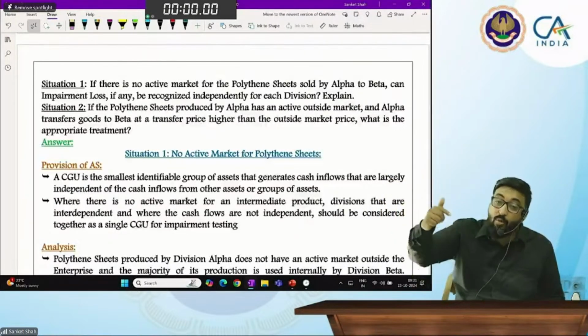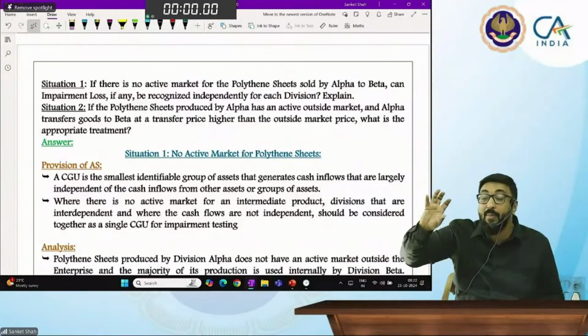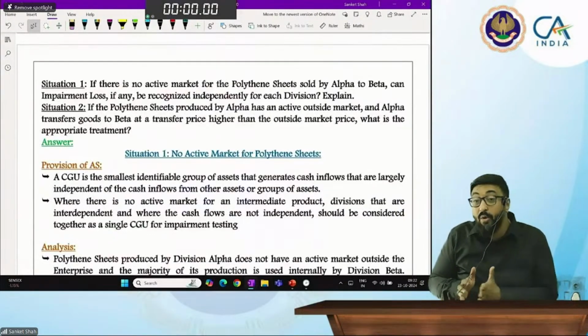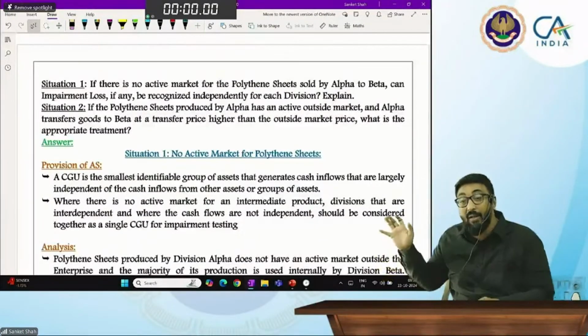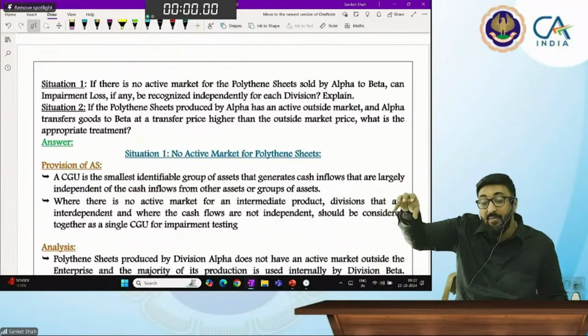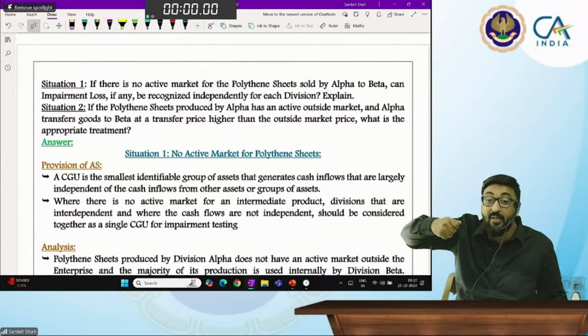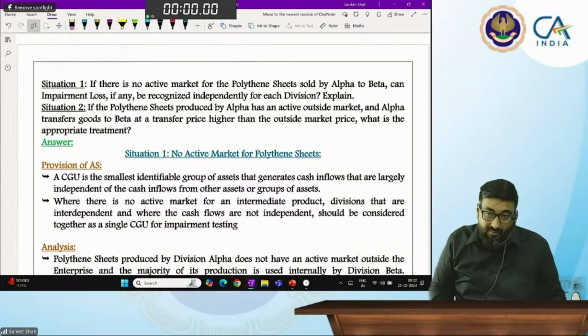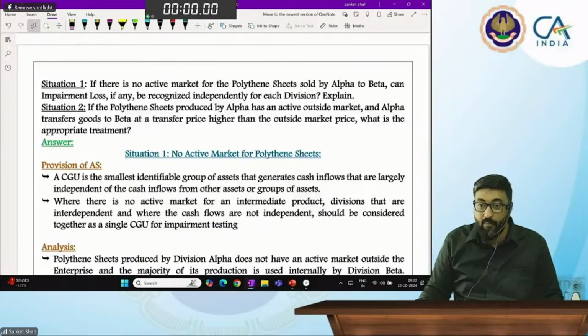I am giving it to my department which manufactures these pens. So that ink, though it has an active market, I am not selling it to outsiders. I am manufacturing it and using it for the production of pens. Active market means you can sell directly to a customer. That is called an active market. Understood?